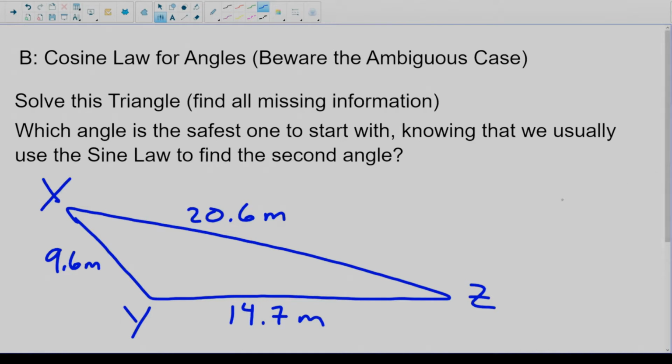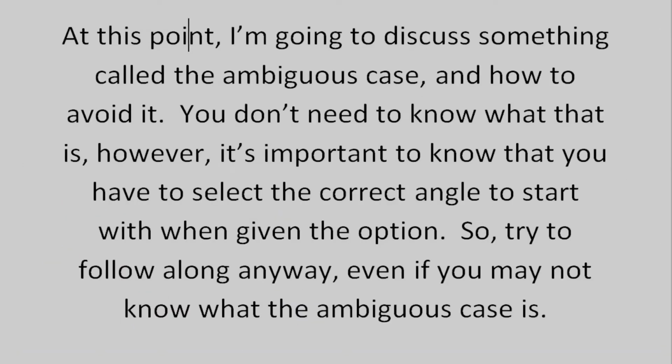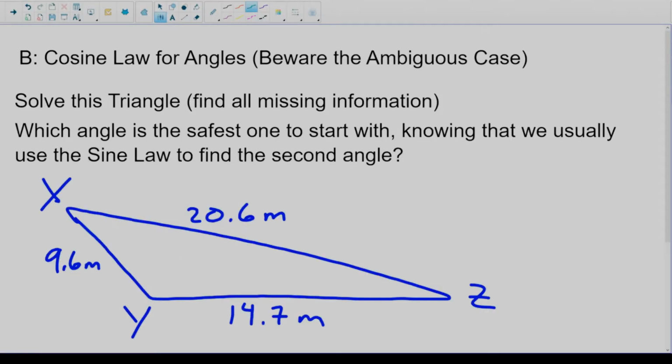Now, I've got your numerical example down here. First of all, why do I have to use the cosine law for this question?